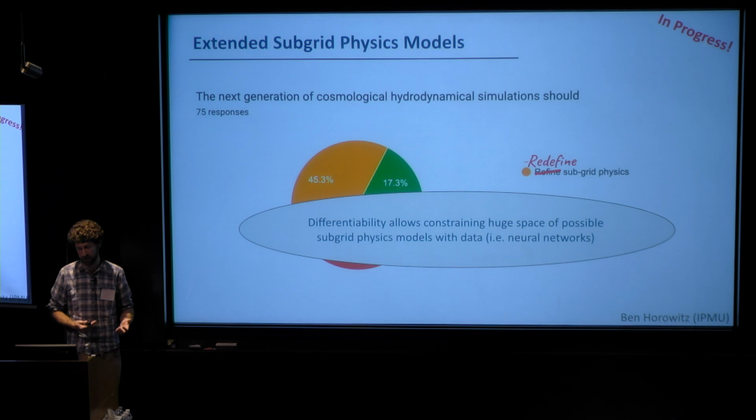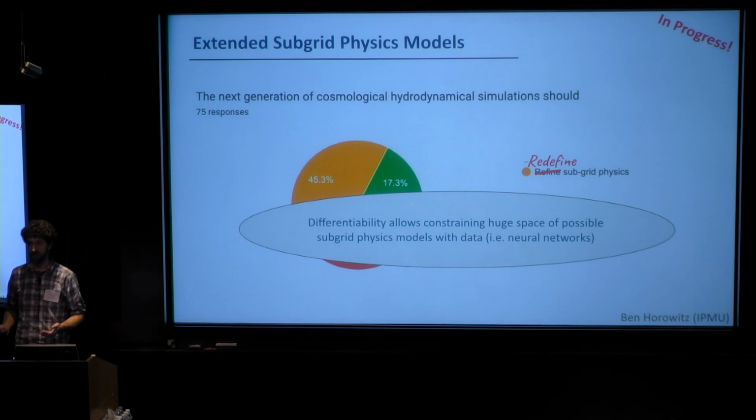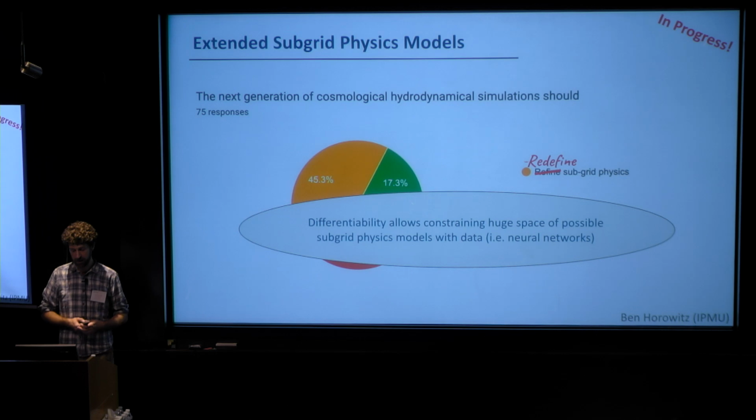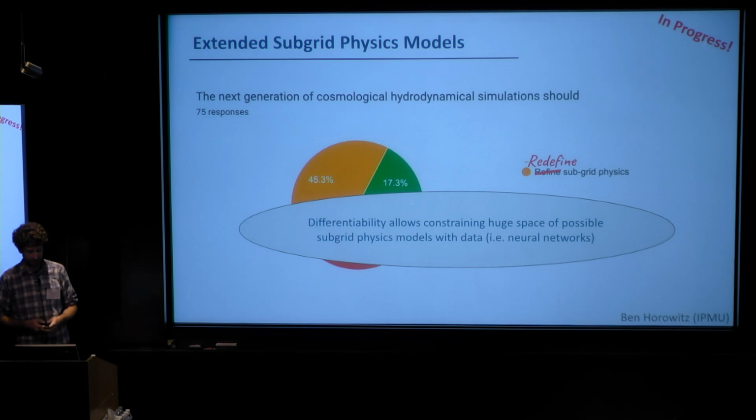So you can actually train the neural network to reproduce the actual observed things in real life, which seems like a pretty cool application. And then you can have priors on these subgrid physics based on small-scale simulations. You can imagine running small-scale simulations and large simulations jointly at the same time, including both physics at both scales.